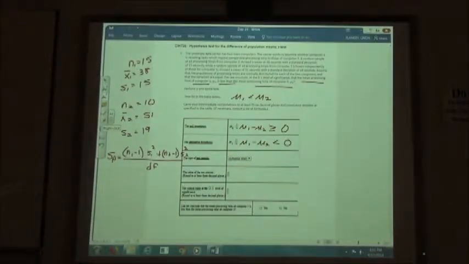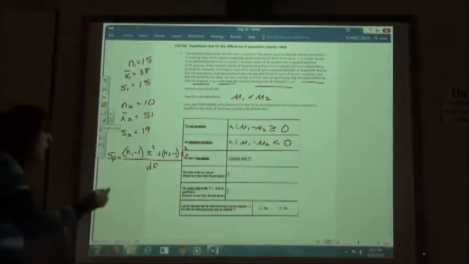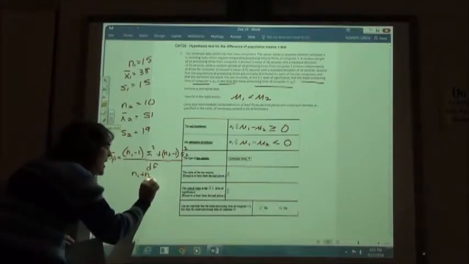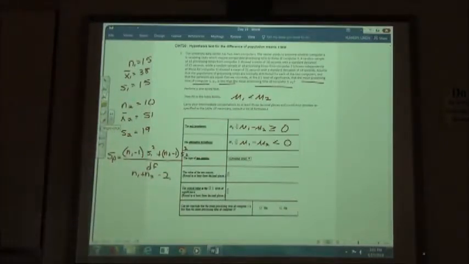My degree of freedom, again, was N1 plus N2 minus 2. This was from homework 18, problem 6, 7, and 8, or somewhere in there. That's the first part of our formula.